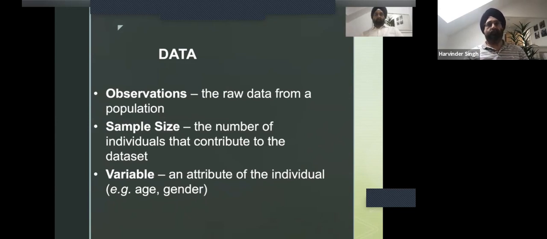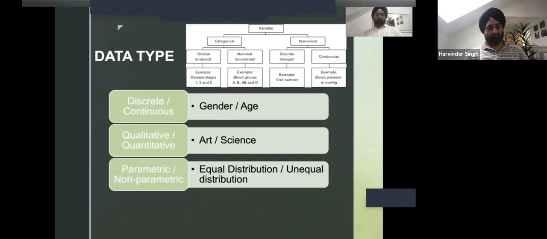The sample population will depend on the size and your variable that you're studying, its number of individuals who will contribute to the data set, and the variables are the attributes that you study of that particular individual, which can be age, gender, or their outcome measures.